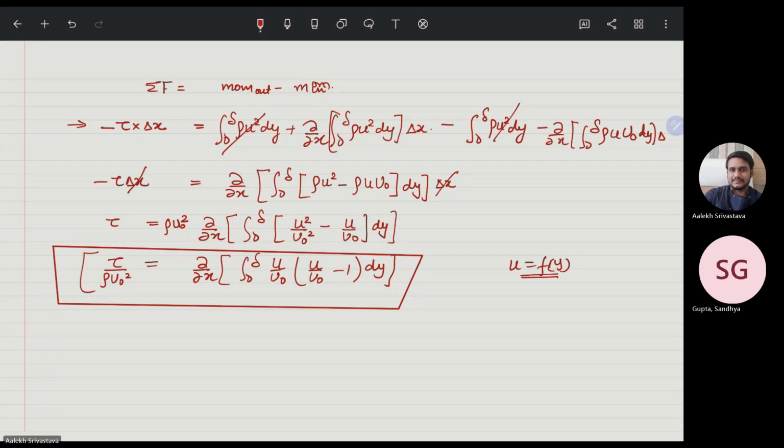Okay. Now this equation is called the von Karman momentum integral equation.